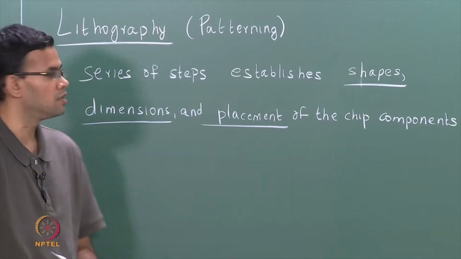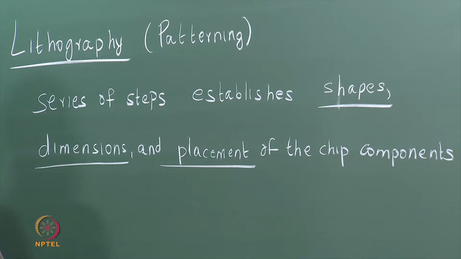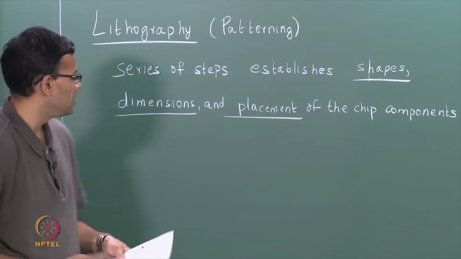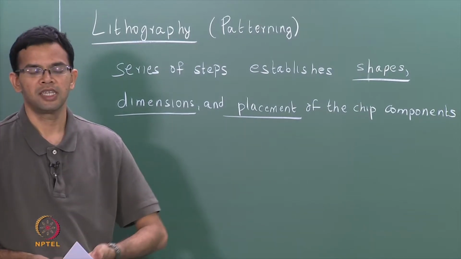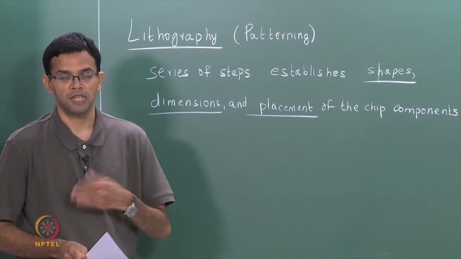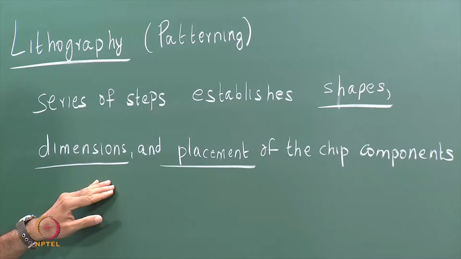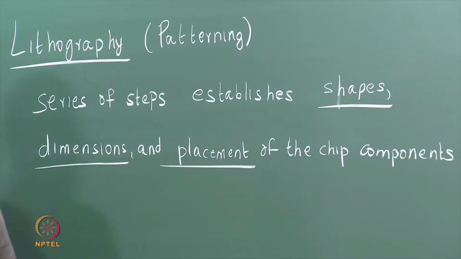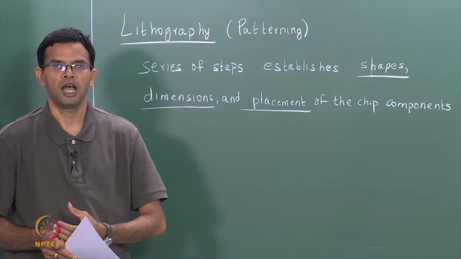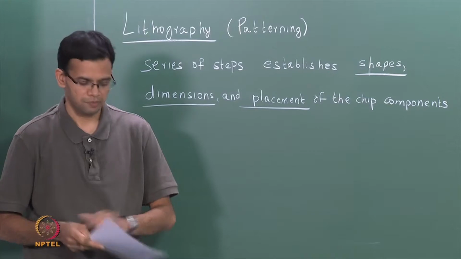The important thing is it controls the shape of the various components. Whether you want to pattern a linear component or some sort of a structure. The dimensions go with scaling. Originally in the 1960s, the typical dimensions were of the order of micrometers. Now the dimensions are of the order of nanometers. And placement: because we have different components that are part of a given chip, all these components have to be aligned with respect to one another. So the placement is also important there.